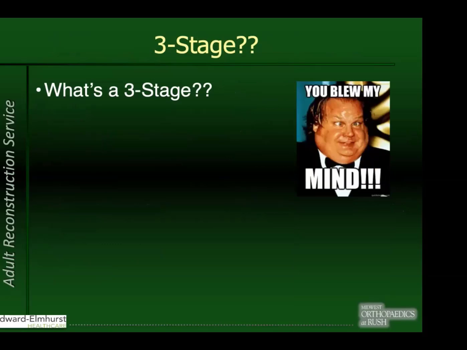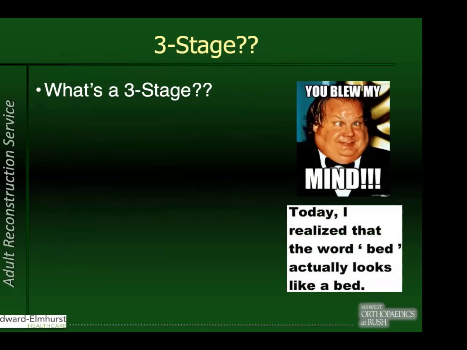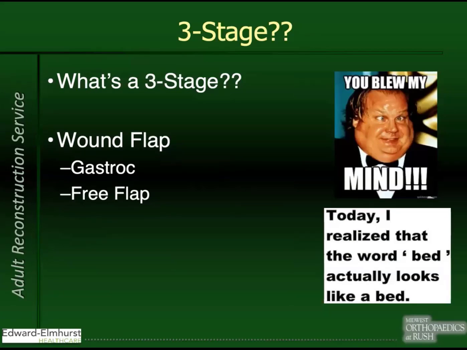And then a new concept that we've currently brought to light is doing a 3-stage. This may be a little mind-blowing, but these are in cases where we do an initial washout, and then they either need a wound flap, so they'll do a gastroc or a free flap, and then we'll come back and replant them on the 3rd stage.